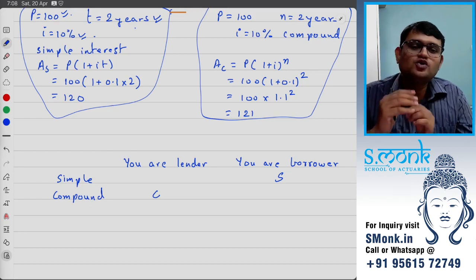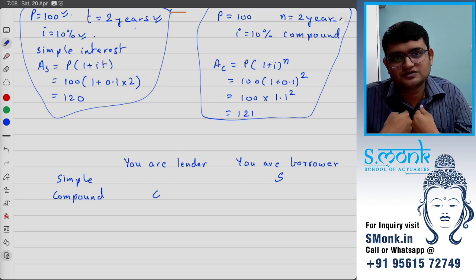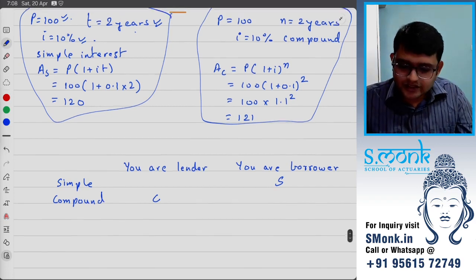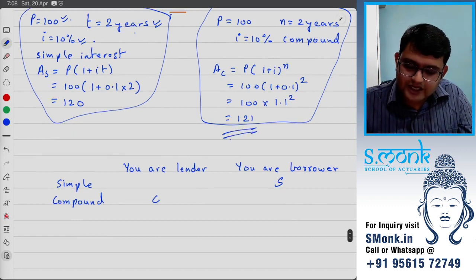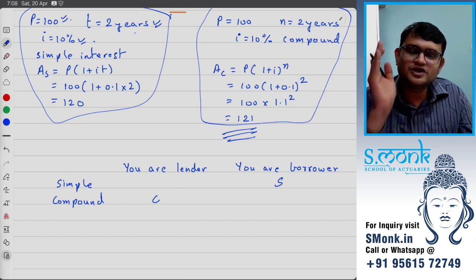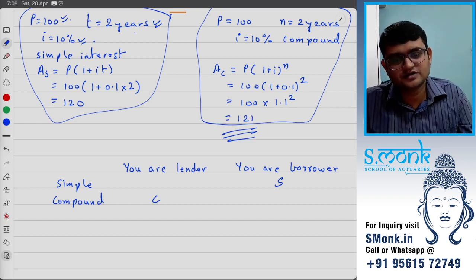Why would you pay more and why would I pay less? Right? That does not make sense. So the reason that we'll get more money in compound is not correct, because there will always be a borrower and there will always be a lender. Correct?